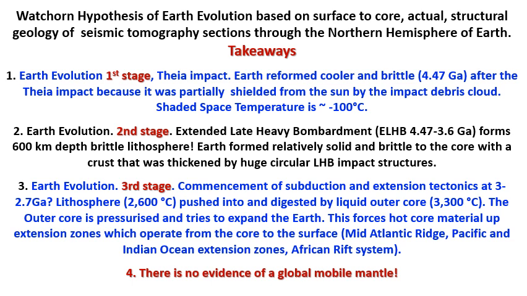The outer core is pressurized and tries to expand the Earth. This forces hot core material up extension zones which operate from the core to the surface at the Mid-Atlantic Ridge, the Pacific and Indian Ocean extension zones, and also at the African Rift System. There is no evidence of a global mobile mantle.